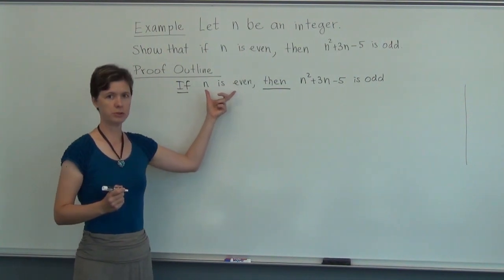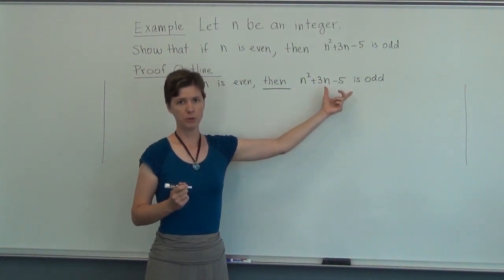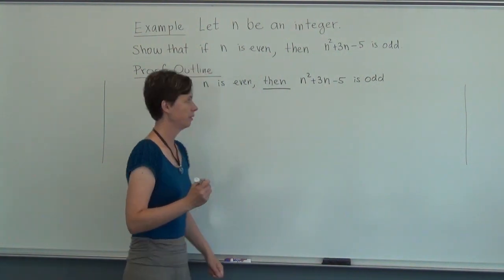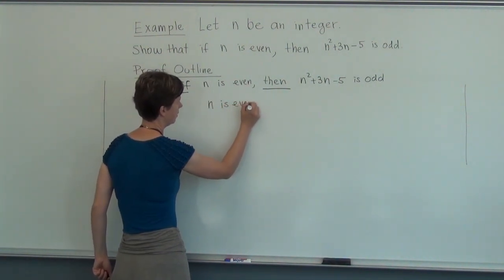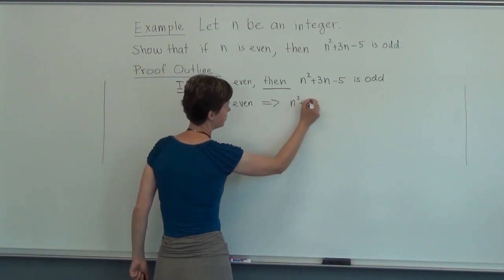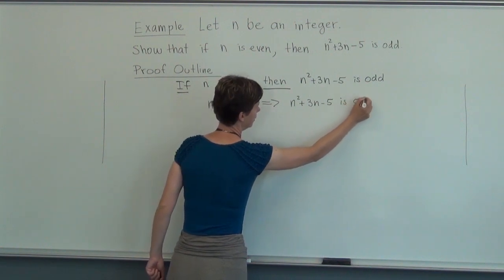If this condition is satisfied, then this condition will be satisfied as well. We can use a shorthand to write the same statement. N is even implies that n squared plus 3n minus 5 is odd.